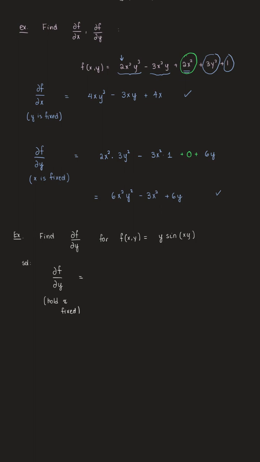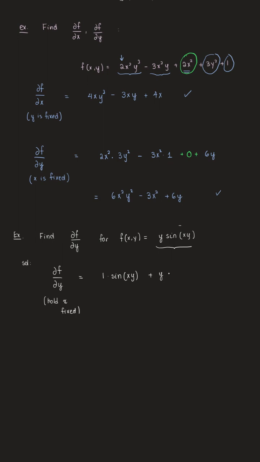So here we will need to apply the product rule because both functions that we have, y and sine of xy, are functions that include y, and y is changing. So the product rule tells us take the derivative of the first function, the derivative of y is 1, times the second function, sine of xy, plus the first times the derivative of the second.